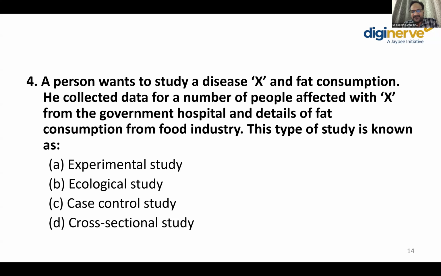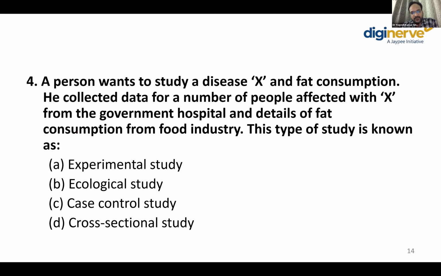So don't take tension. In an experimental study, we do experiments. Here you are not seeing any experiment. We are not giving anything to anyone, not giving any medicine to any patient. So experimental cannot be the answer. Just exclude it. Now, ecological studies are population studies.